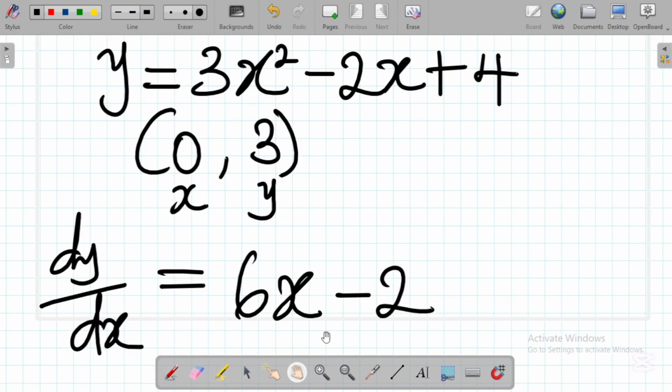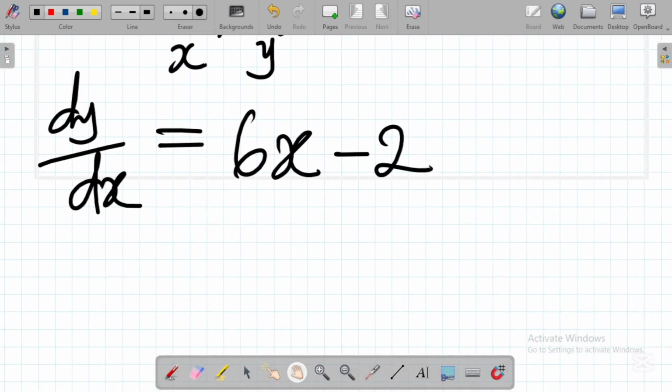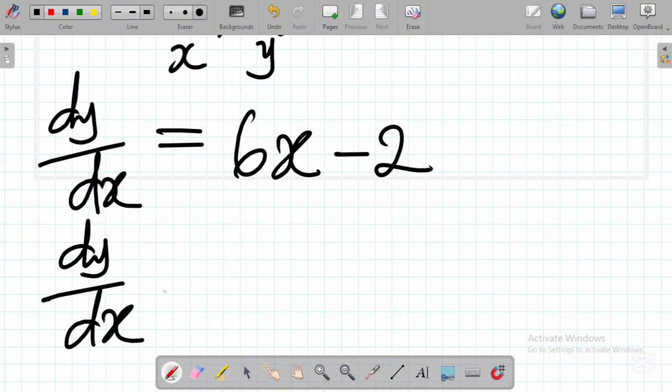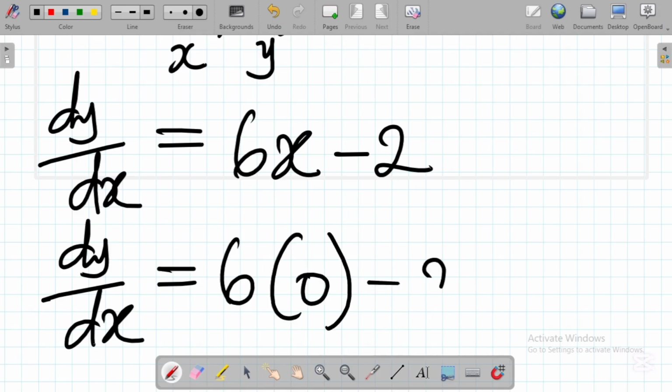So since dy/dx is equal to 6x minus 2, and we don't have y here, let's substitute the value of x. So if you substitute the value of x, we will have dy/dx is equal to 6 multiplied by 0 and then minus 2.